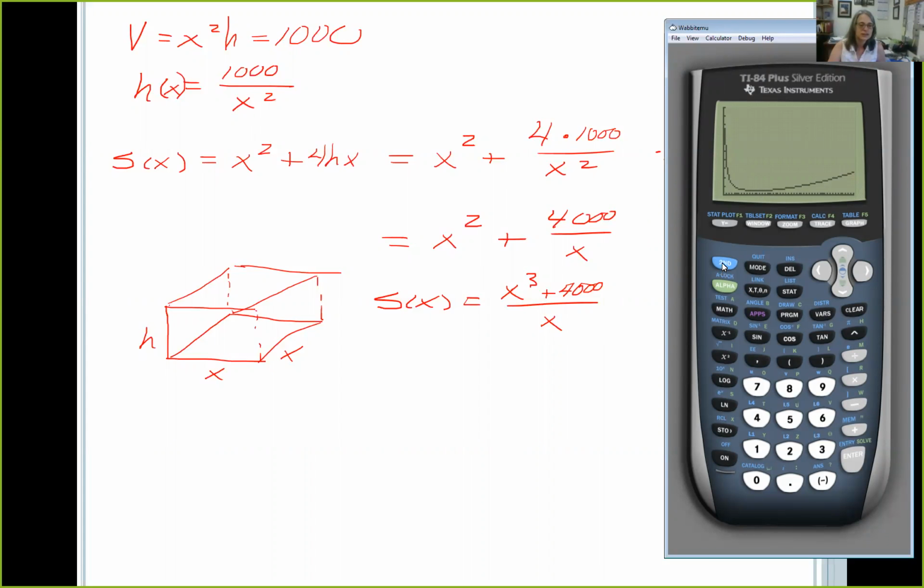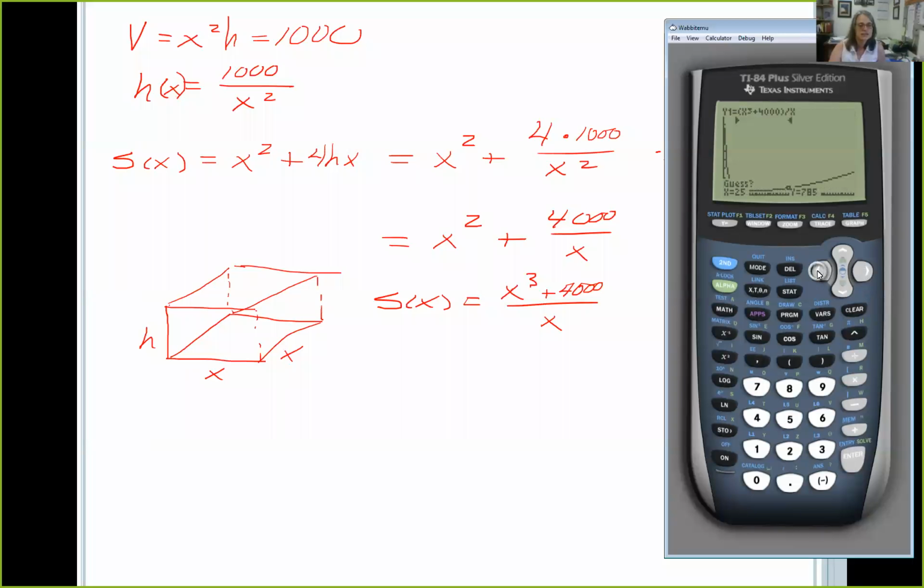Let's find that. So we're going to use the calc feature, and I can find a minimum. I want my left bound to be something to the left of my minimum. So something over here. Right bound should be somewhere on the right, to the right of my low point, which I really can't see because it's behind my, there we go.